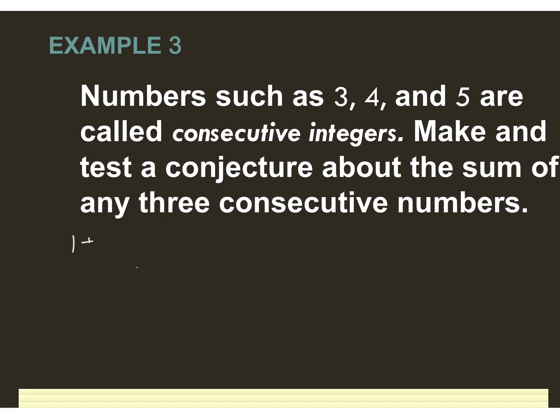So I have 1 plus 2 plus 3. If I add them, what are they going to give me? 6. Okay, we can't really observe anything about this pattern. So we're going to go ahead and try something else. Let's use the next 3 numbers, 3, 4, 5. If I add them, what would that give me?